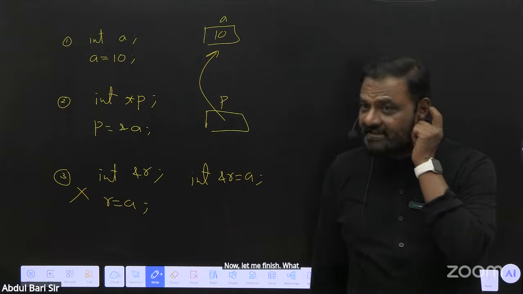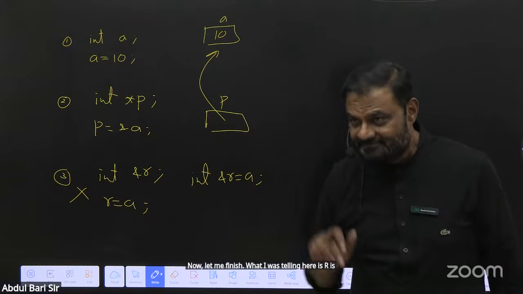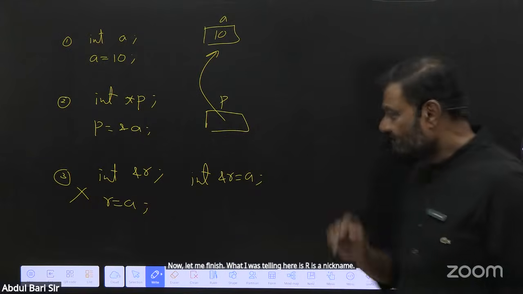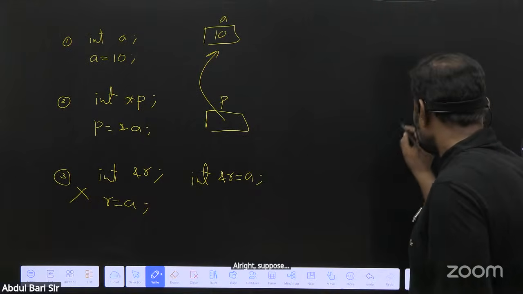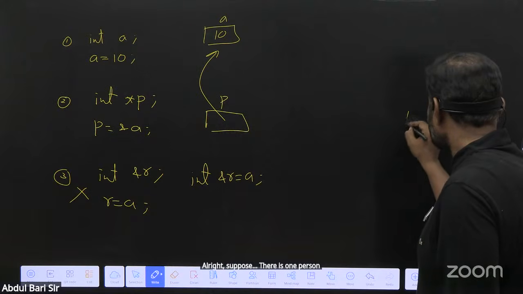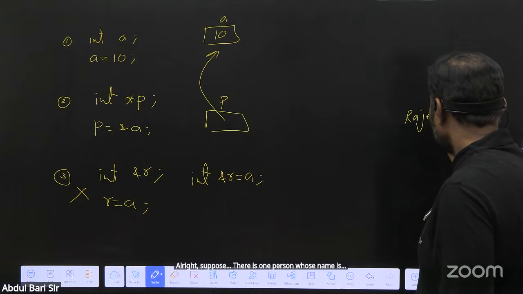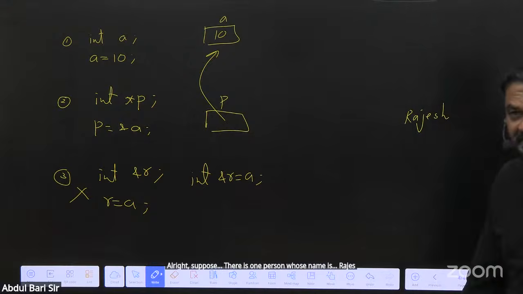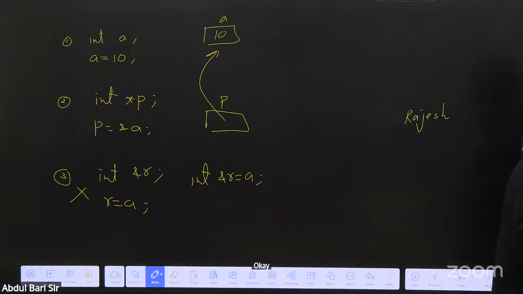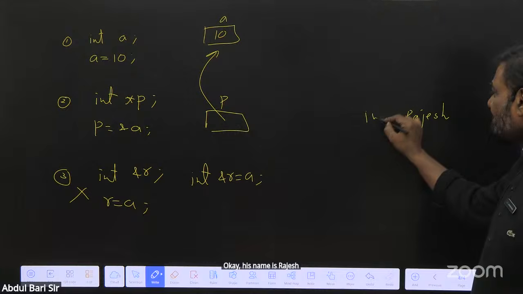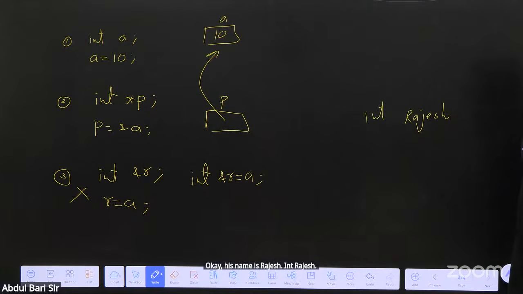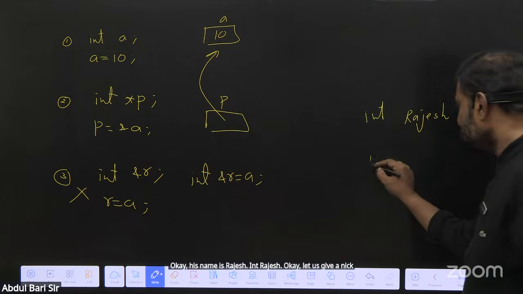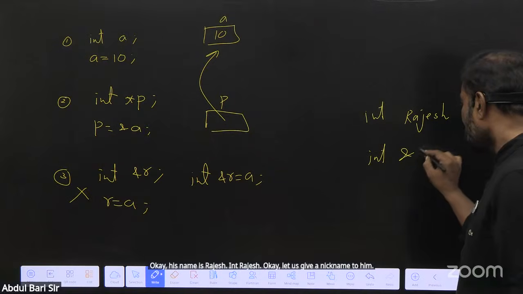What I was telling here is r is a nickname. Suppose there is one person whose name is Rajesh. Int Rajesh. Let us give a nickname to him: Raj.